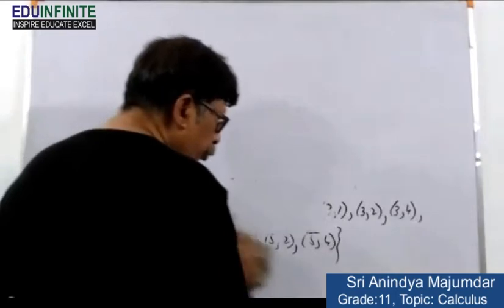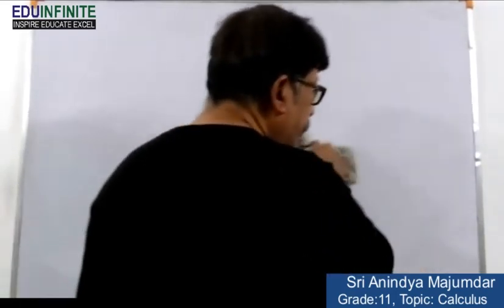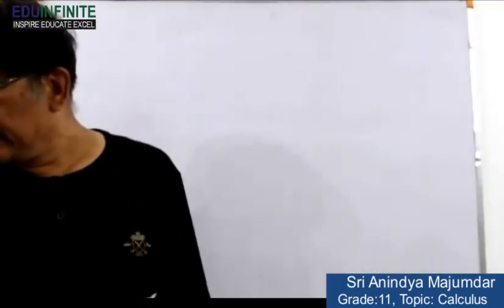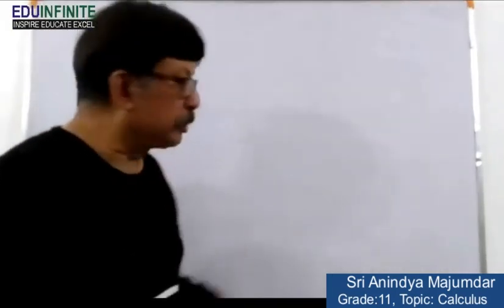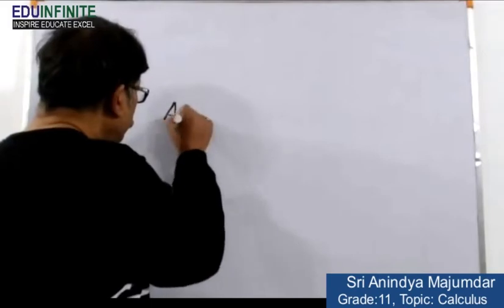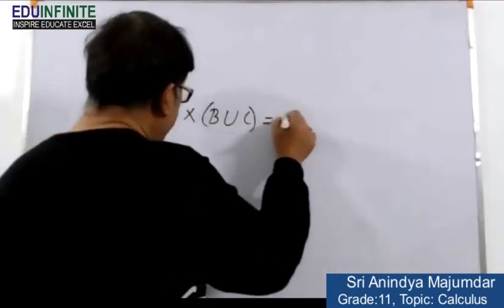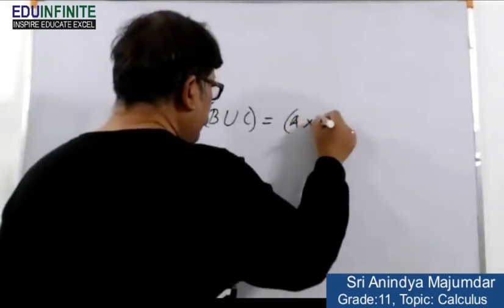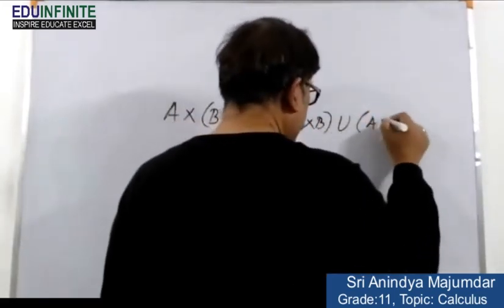Set A is 1, 2, 3, set B is 4, 5, and set C is 5, 6. Then verify that A cross B union C is equal to A cross B union A cross C.